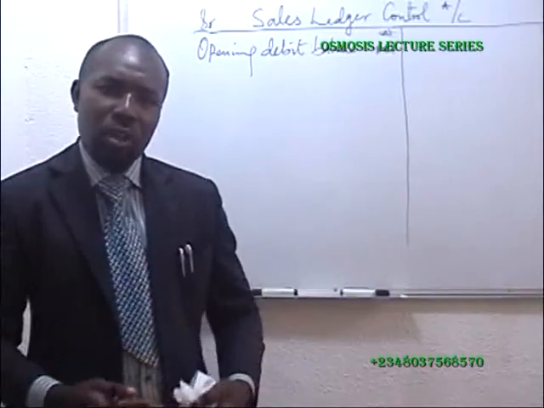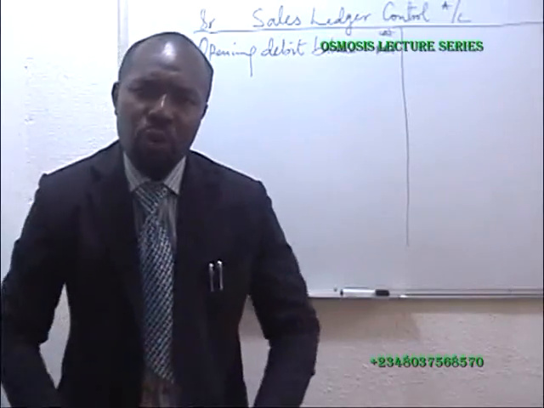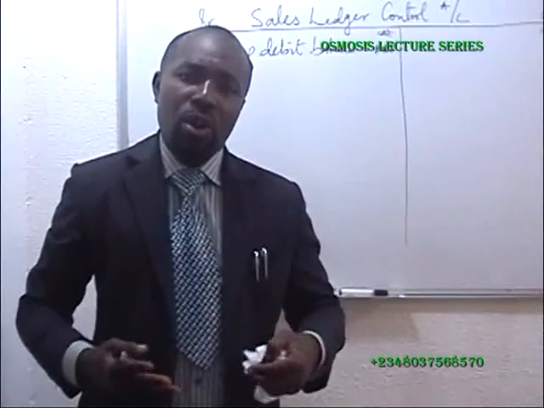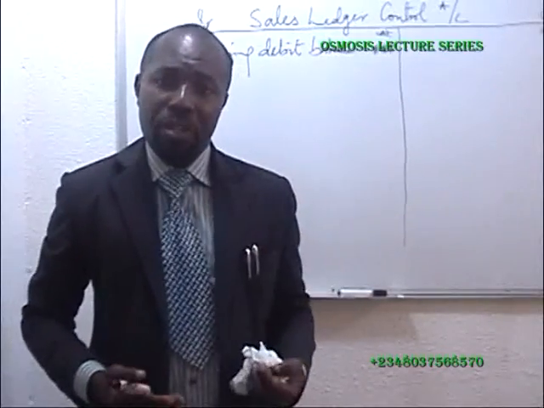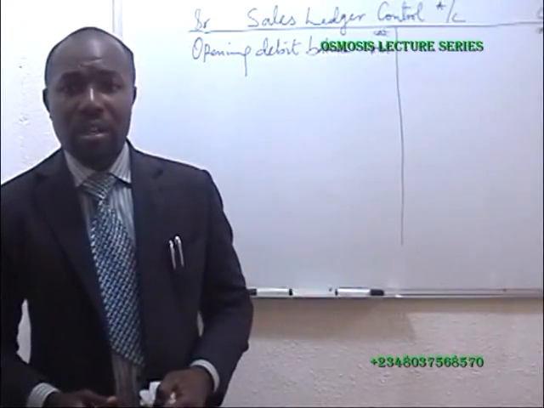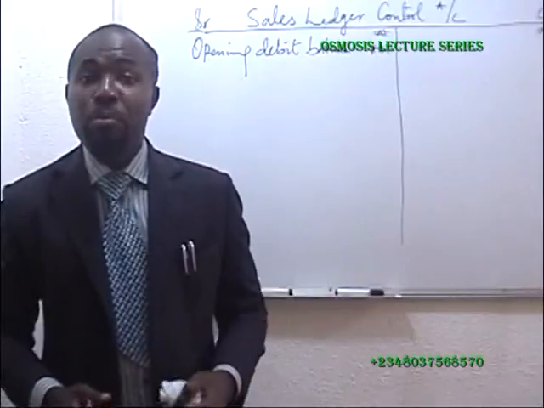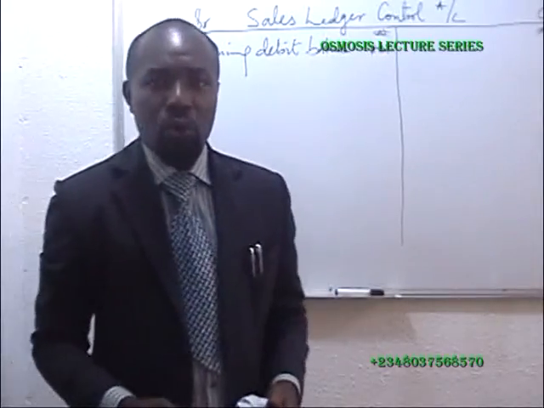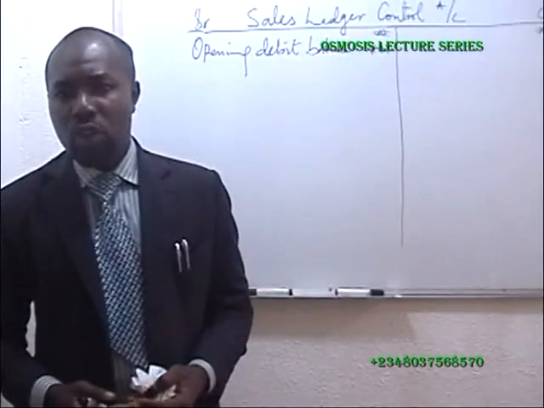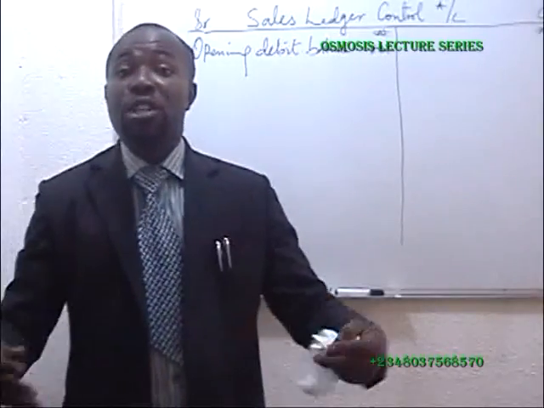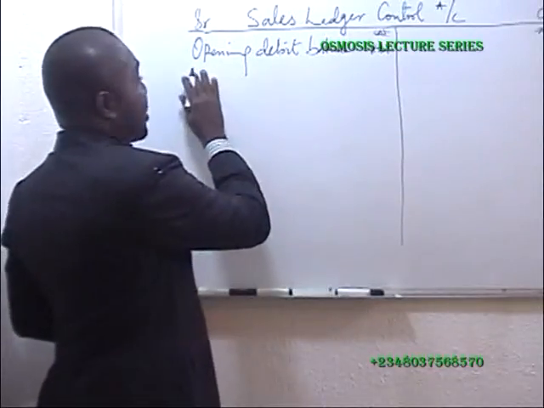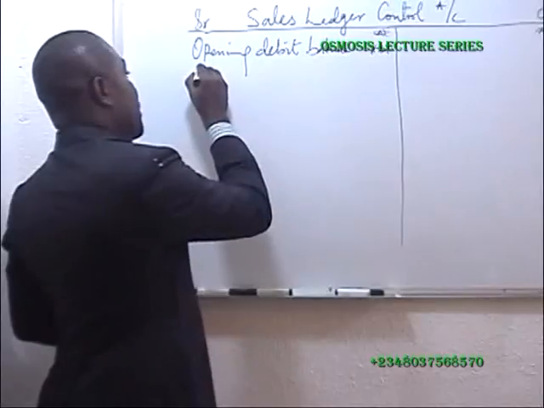Now, if you have your debtors, what do you think will make your debtors increase? That is the number of people owing you, or the amount they are owing you, to increase. Anything that will make them increase is you making more sales on credit. So anything that will make your debtors increase is sales made during the period on credit, or you call it credit sales.